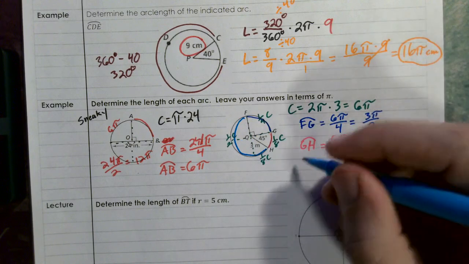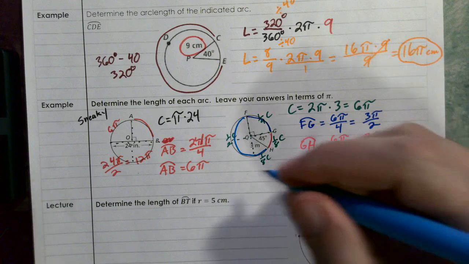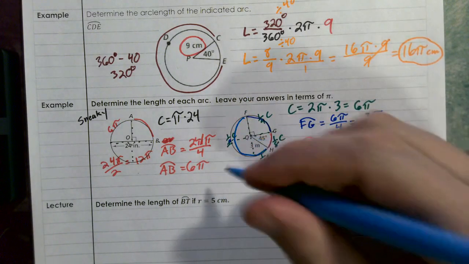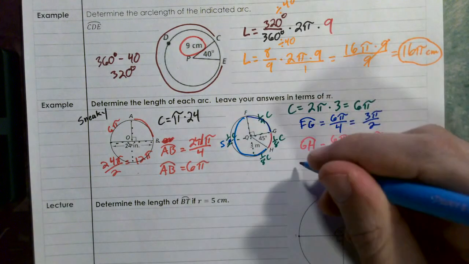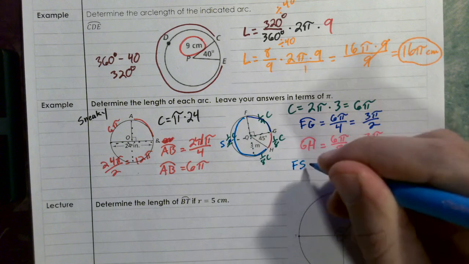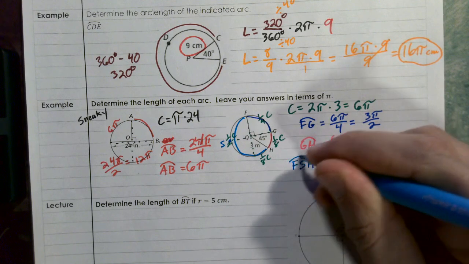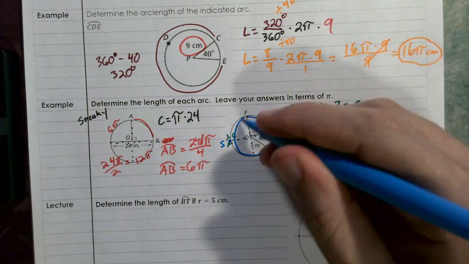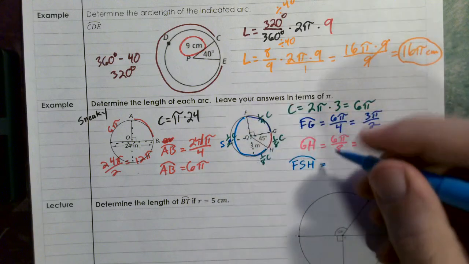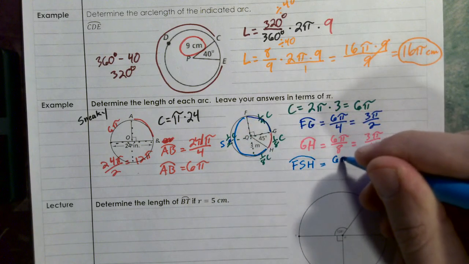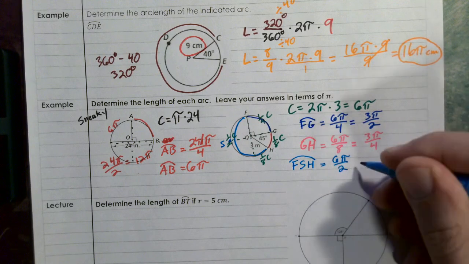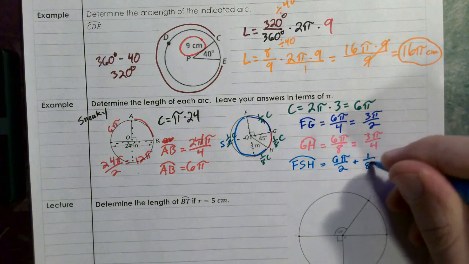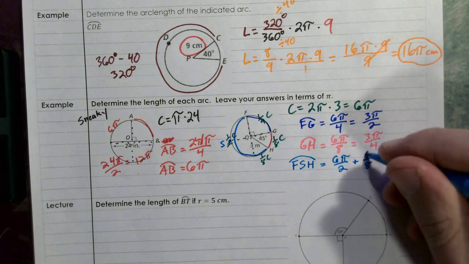Last little bit, I've got this one. So this one, let's see. We need another point out here so we can get that major arc. We'll call that S for sneaky. FSH. So that's got to be half of my circumference from this chunk right here. So that's 6 pi over 2 plus an eighth of my circumference from right there. Oh, 6 pi.